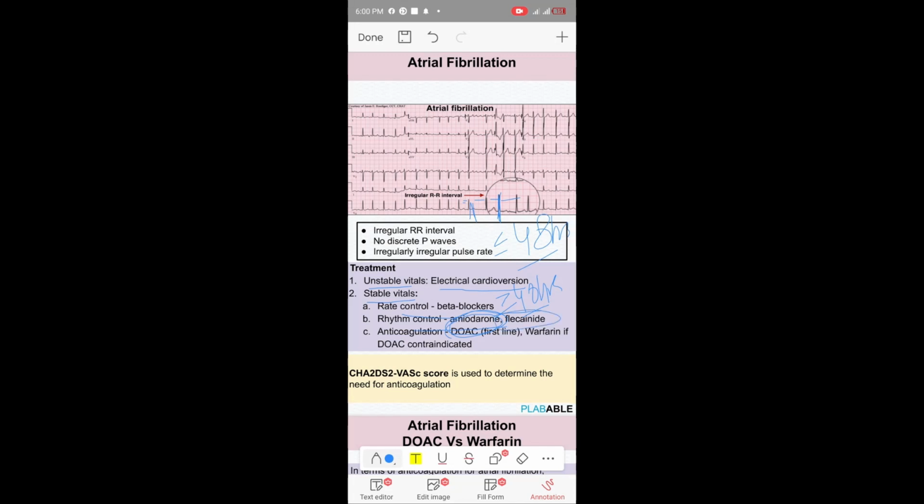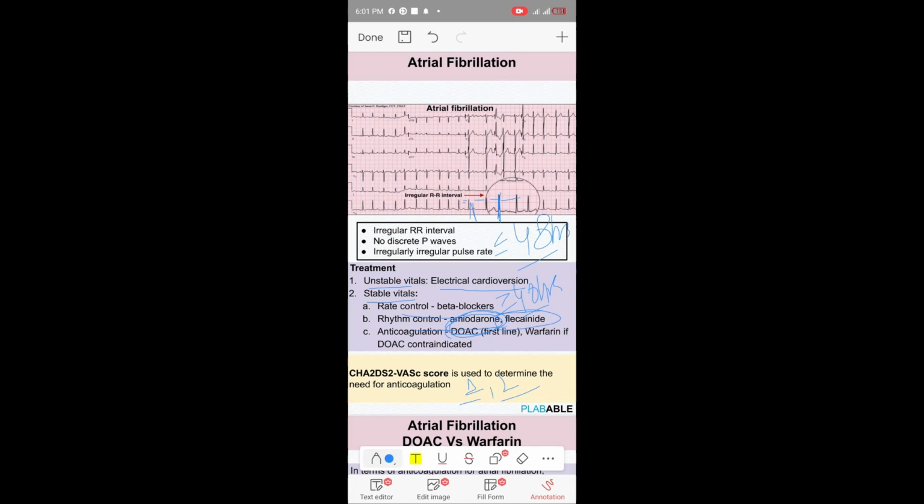For any patient presenting with atrial fibrillation, you need to calculate a CHADS-VASc score, and if that score is 1 or greater in males, or 2 or greater in females, you need to start these patients on lifelong anticoagulants.